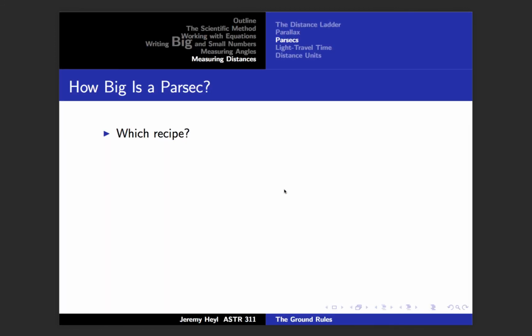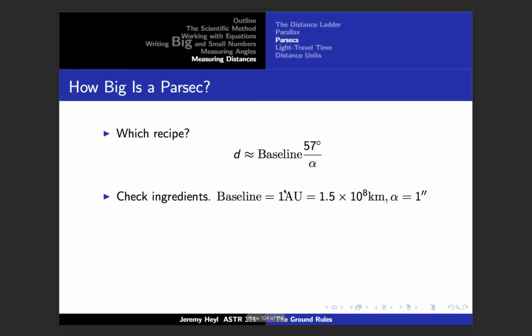So how big is a parsec? Again, we can use the same formula. Our baseline is 1 astronomical unit now, and our angle is 1 arcsecond. We're going to try to figure out how big a parsec is in kilometers.